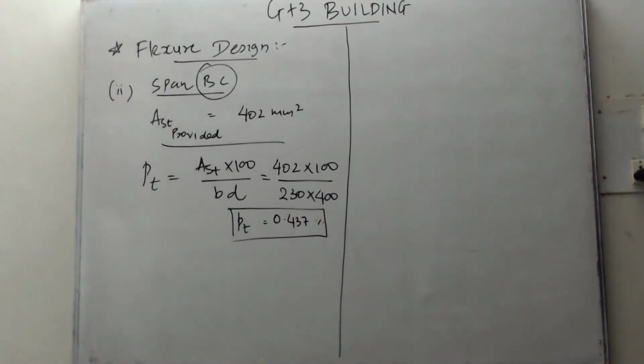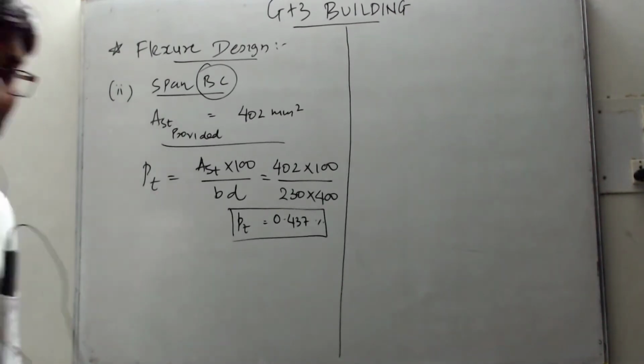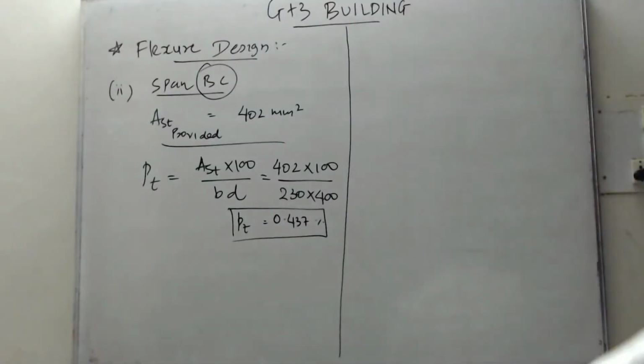So now again the similar step, we need to go to IS 456 2000 and find out tau C. To find out this tau C value, we need to go to page number 73, IS 456 2000.